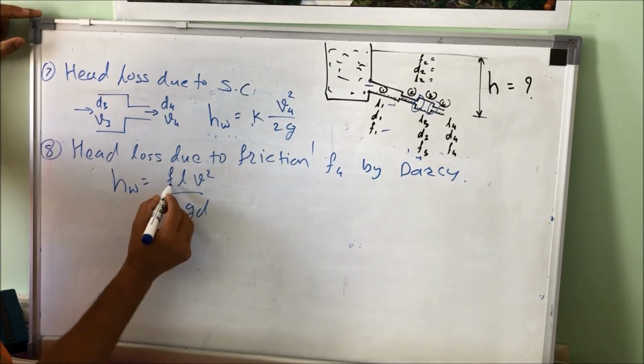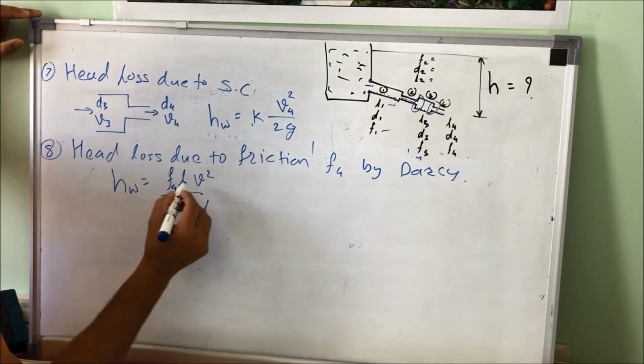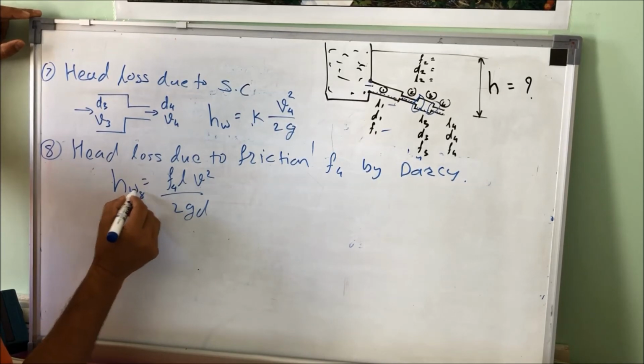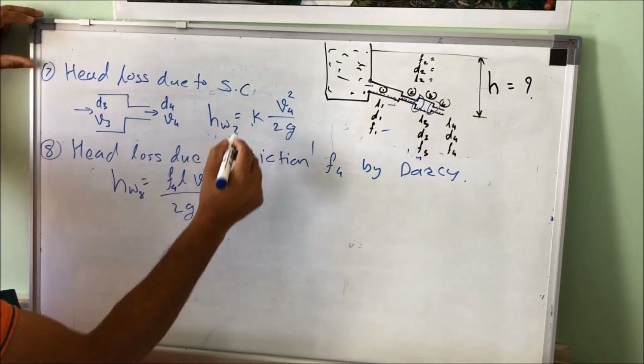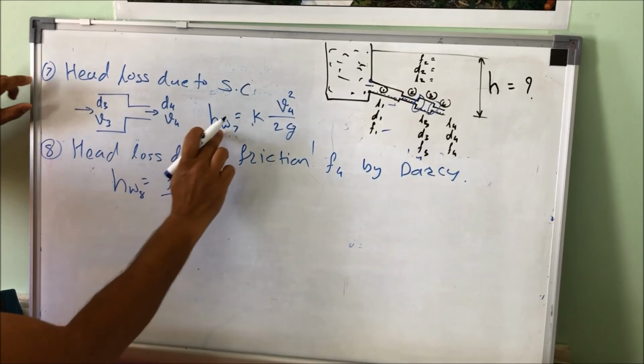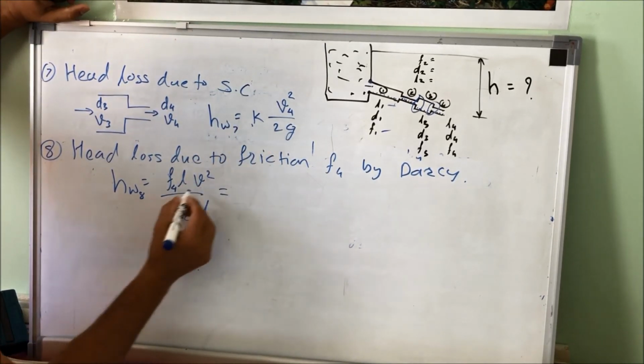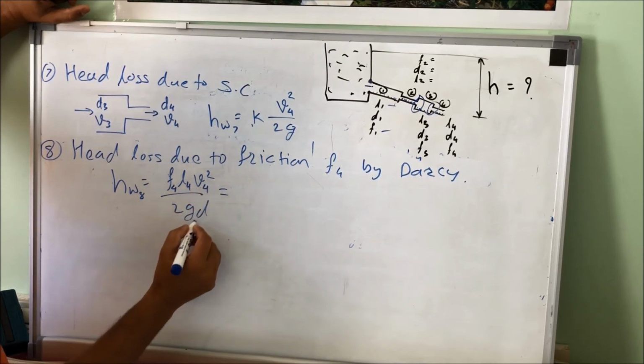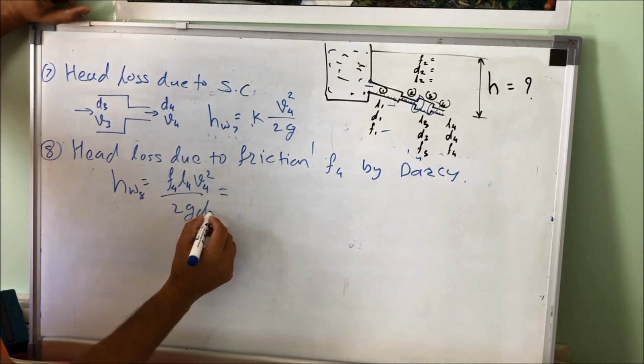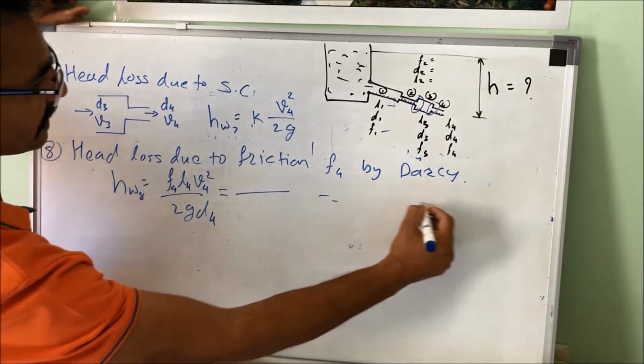So this is pipe number 4, you can write here 8, this is 7, go to the previous and change the number, so HW is equal to H7, that is 7 suffix. Now L4, V4, and D4, put the values, get your answer.